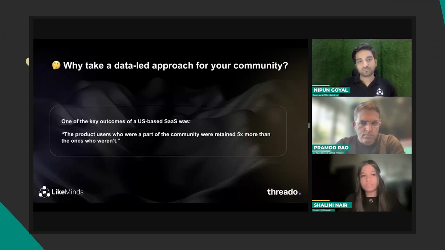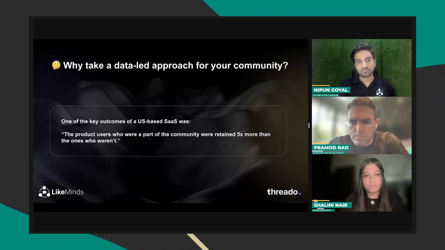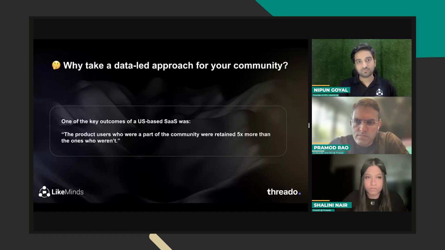There was a 5x increase in the duration for which they were retained as product users. What I mean is the users who were part of the community were 5 times more retained than the ones who weren't. So even for the business, there is an understanding that the community is providing immense value, because of which the users are retained. There's engagement, there's product support, and a lot to do with product support over here, or how the community manager has helped them find the right value out of the community.